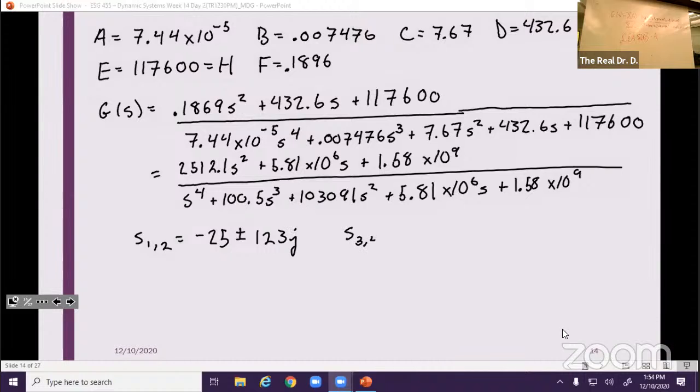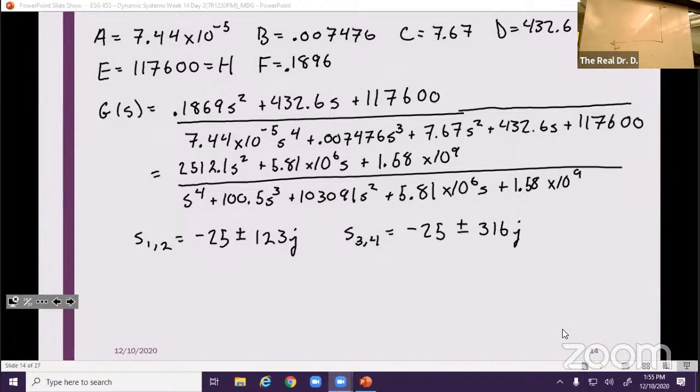And S3 and S4 are equal to minus 25 plus or minus 316j.